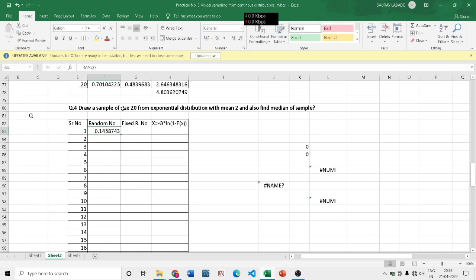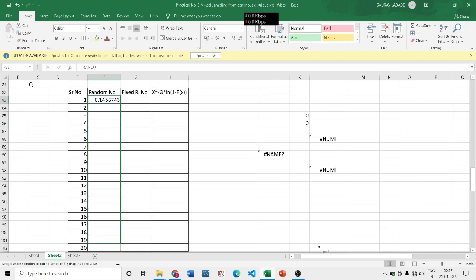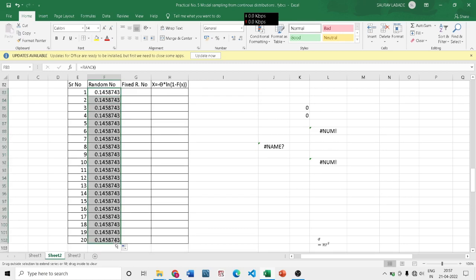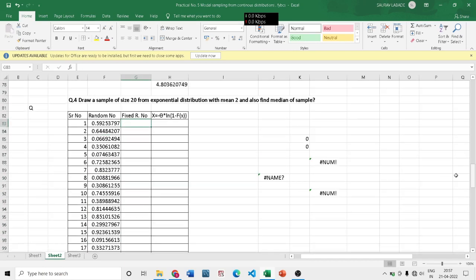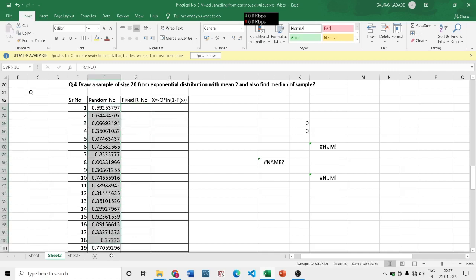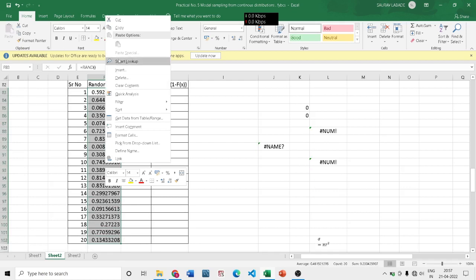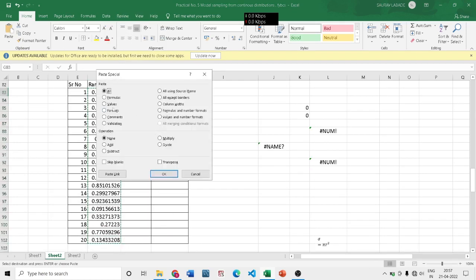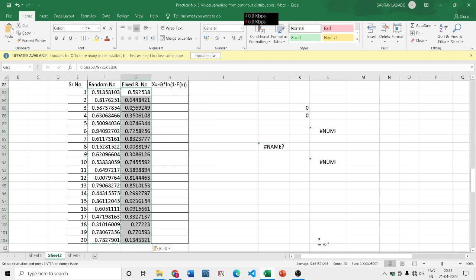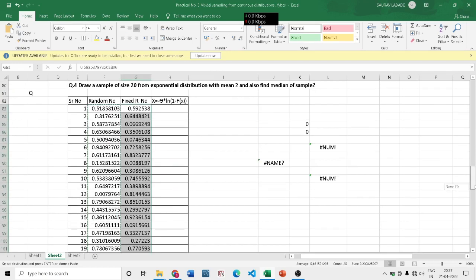Now the sample size is 20, so just drag all 20 samples and then again fix that random number. So how can we fix that random number? We will just copy that and go to paste special, values. Okay, right?